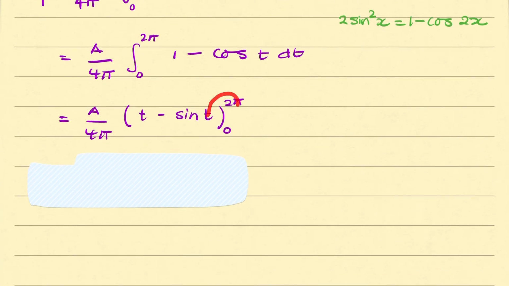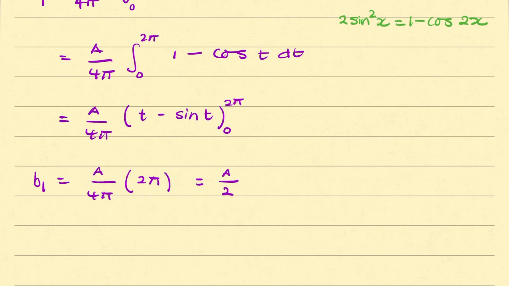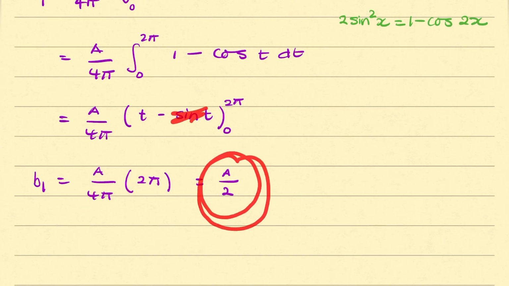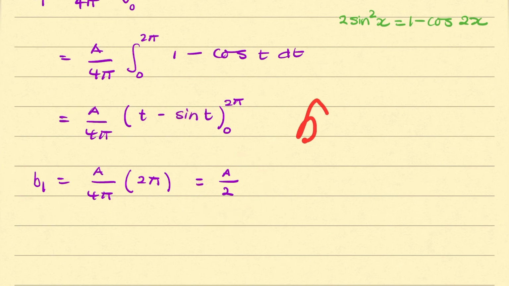Now, sine 2 pi and sine 0 are both 0, but this is the one that matters when you have 2 pi replaced in there. So that will simplify to a over 2. So the sine is just 0. We end up with b1 equals a over 2, and that's an important finding. So all the b's are 0 except b1.